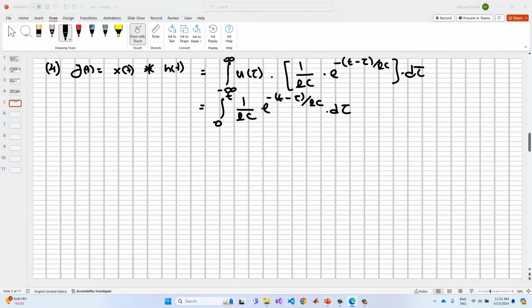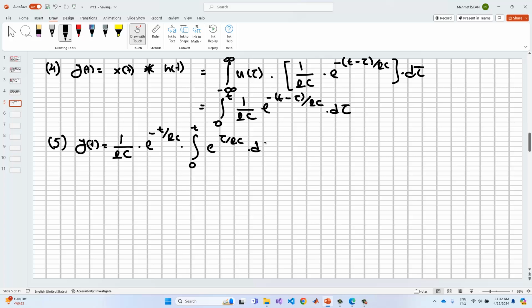Okay, and so in this case we can write Y T simplified as 1 over RC. This is the constant term, e to the minus T divided by RC, because it's independent from the tau value, from 0 to T, and so e to the tau over RC d tau.